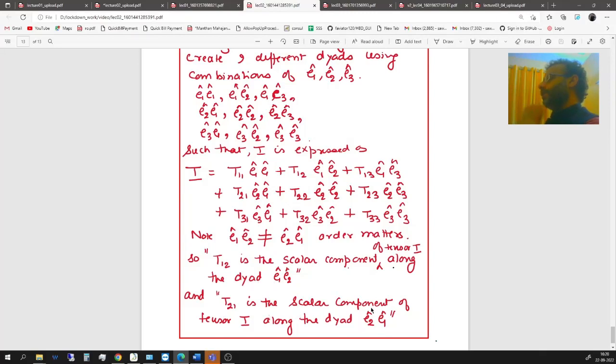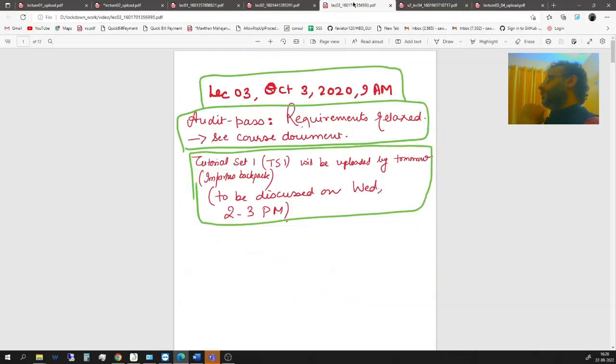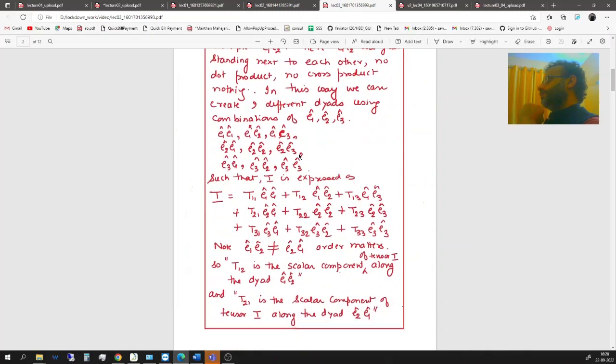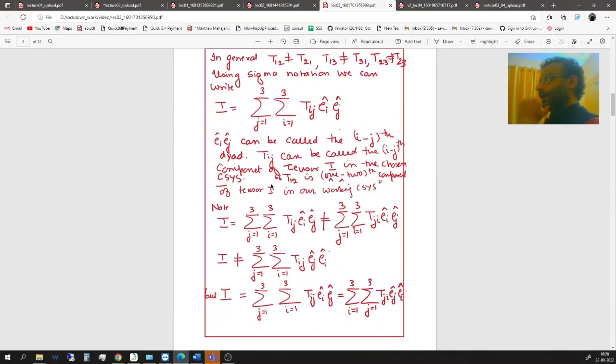T21 is the scalar component of tensity along the dyad E2 E1. And so on. In general, note that T12 will not be equal to T21, T13 will not be equal to T31, and T23 will not be equal to T32. Sorry, T32 it should be.